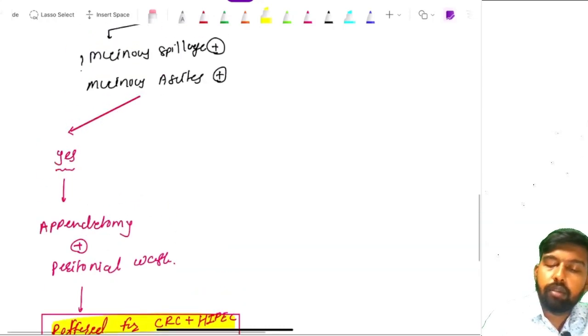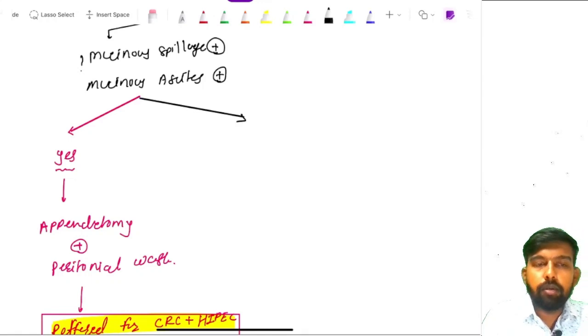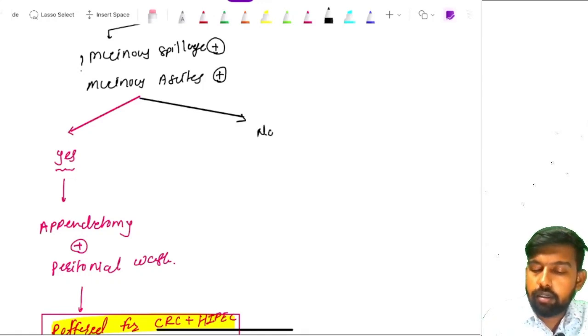But if there is no mucinous spillage or no mucinous ascites, then only appendectomy is sufficient.